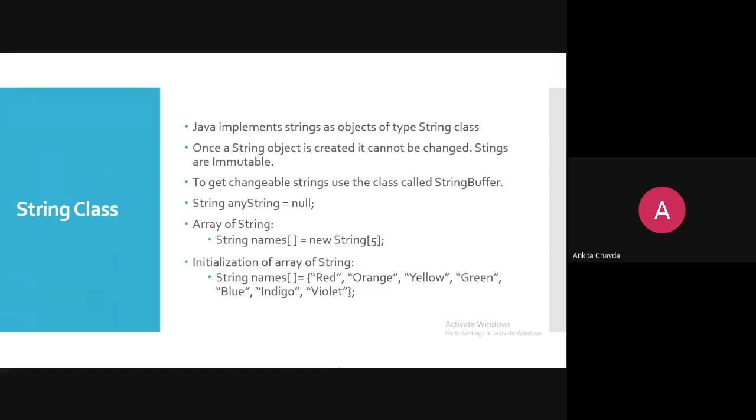Here Java implements a string as an object of the String class, because we do not have string as a data type; instead we have string as a class. Once a string object has been created, it cannot be changed because the String class is immutable.